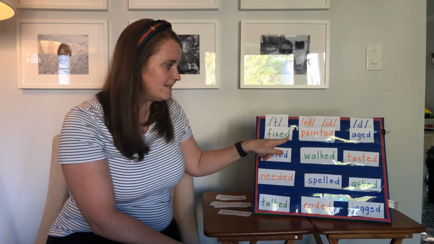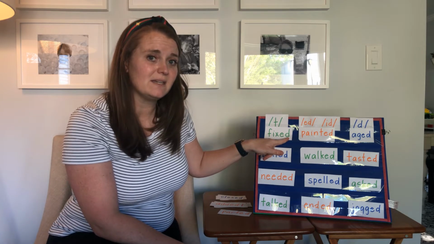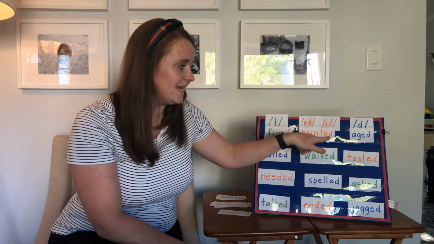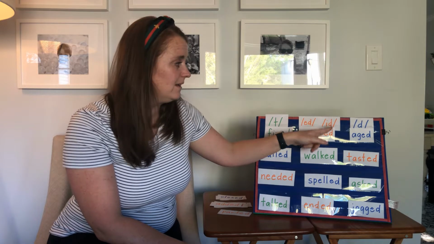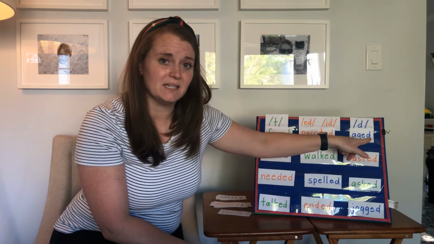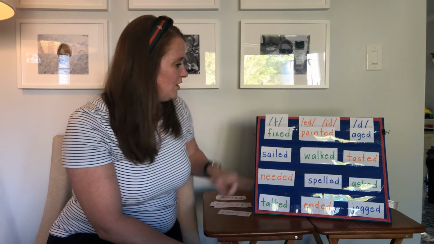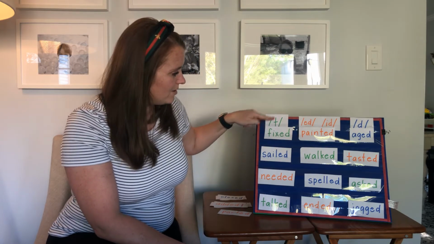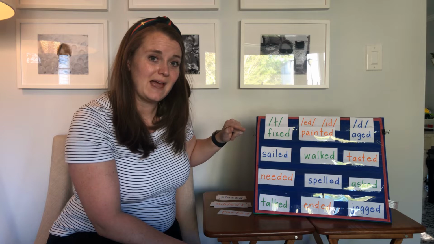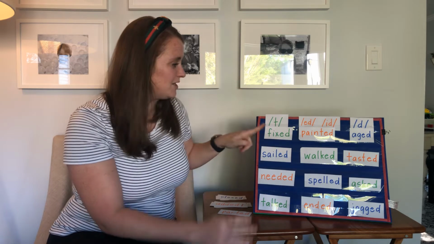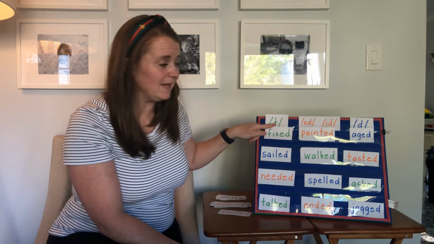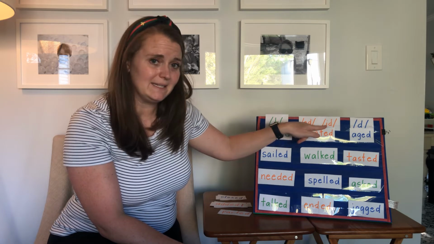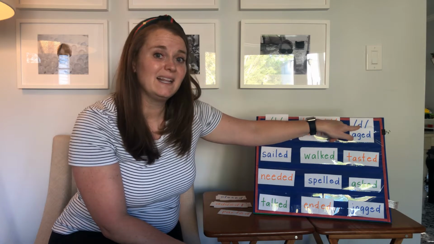So we have fixed, sounds like a T at the end. Painted sounds like ed at the end, which could be ed or id. And we have aged, that sounds like that D sound. When these letters have these diagonal lines around them, that's showing the kind of sound that it's making. So, t, like a T makes, ed or id, and d, like a D makes.